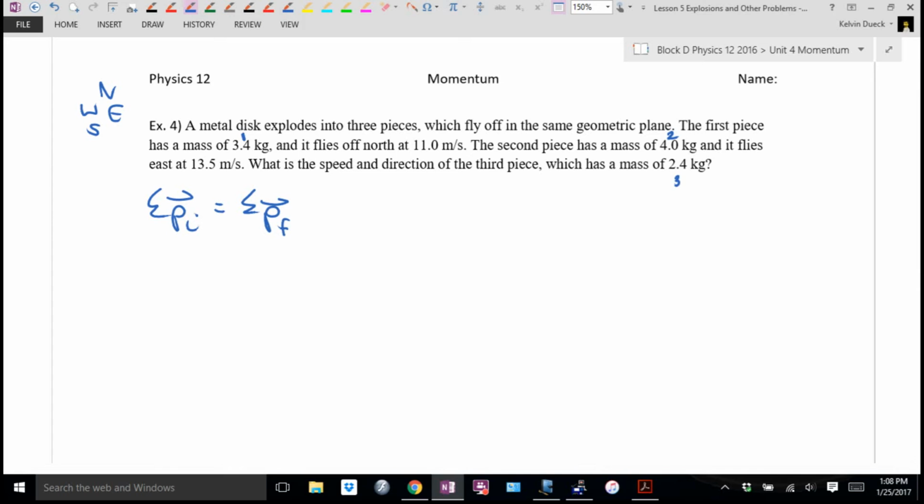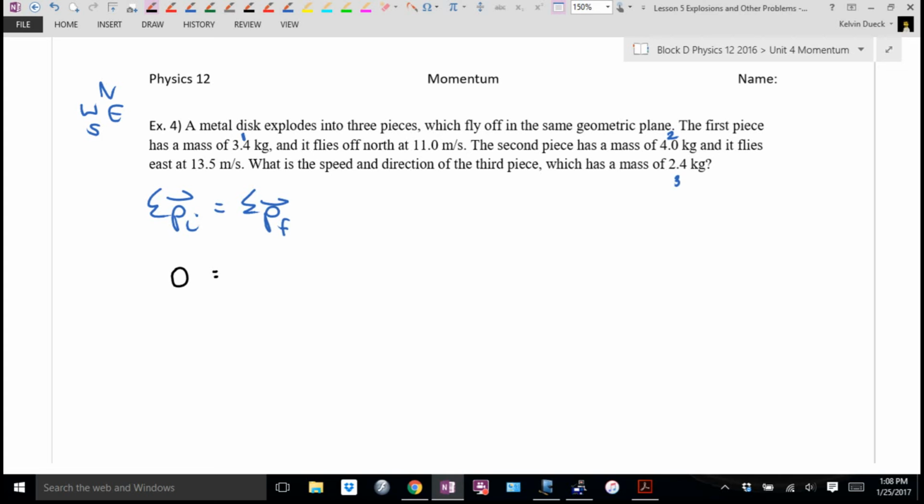What's the momentum of the bomb before it explodes if nothing is moving? Zero. This is kind of why explosions are neat. Here, the equal sign does not mean wham, they collide. Here, the equal sign means boom, they explode.